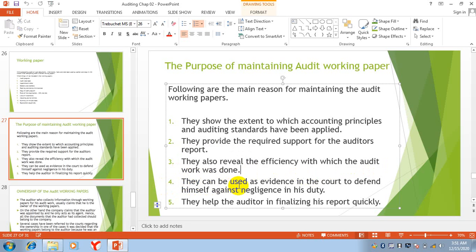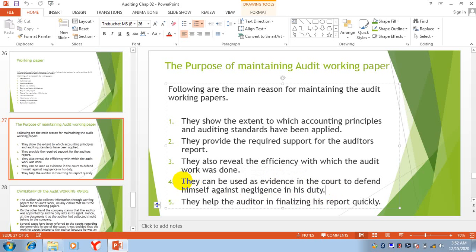The fourth one is they can be used as evidence in the court to defend himself against negligence in his duty. I told you in the previous class that if the client is suing the auditor in the court of law for negligence in his duty, negligence in his duty means that the auditor did not perform his duty honestly.